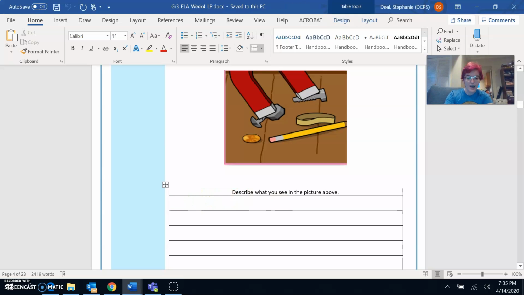Well, I see a magnet in the picture. I see a magnet that is picking up some screws and metal objects.